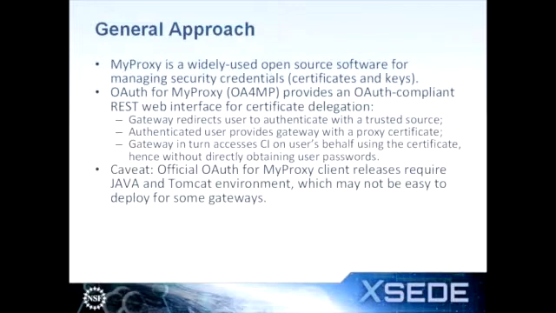First, when the user comes to a gateway that wants to authenticate, the gateway redirects the user to another trusted source for the user to input their credentials to authenticate. Once the user is authenticated with that trusted source, the gateway will be able to retrieve a proxy certificate from that source, and then in turn use that certificate to access several infrastructures on the user's behalf. So the gateways never need to directly obtain the user's passwords or manage them.